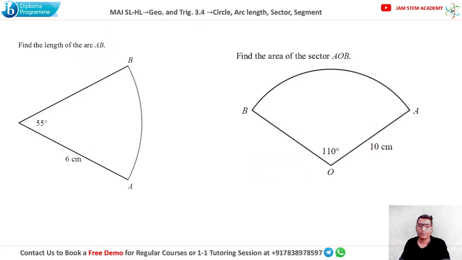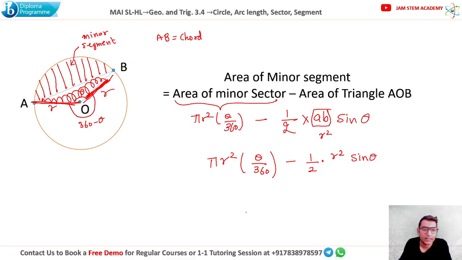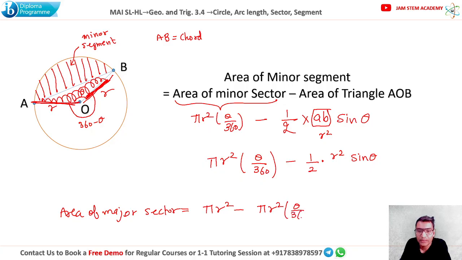One more thing about the area of the major sector. How can you find it? The area of the major sector is pi r squared minus the area of the minor sector, that is, pi r squared minus pi r squared times theta over 360.